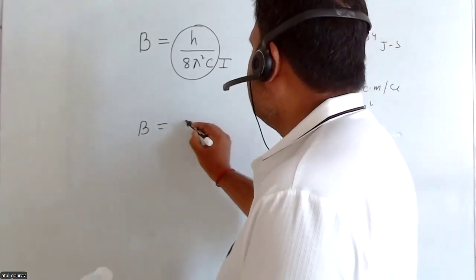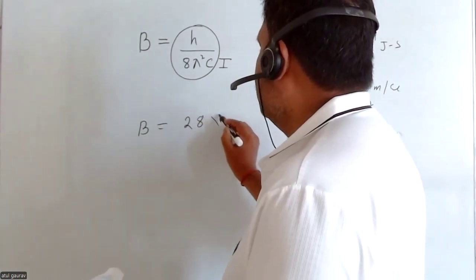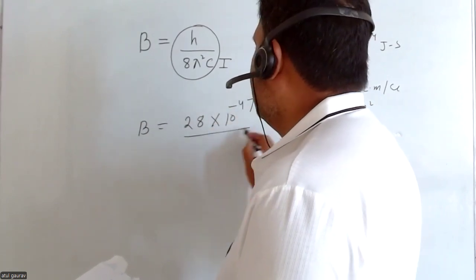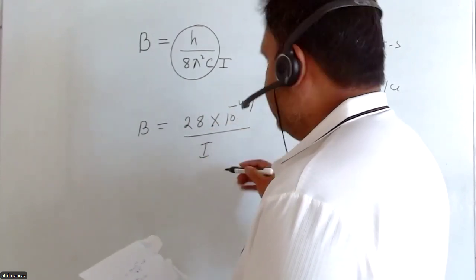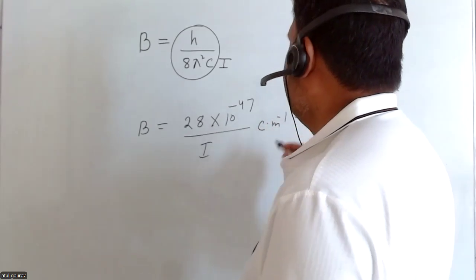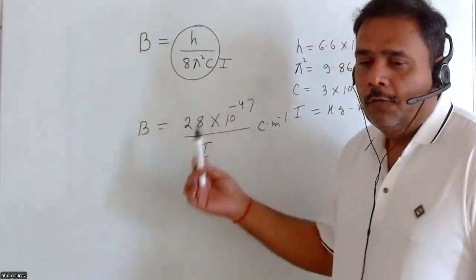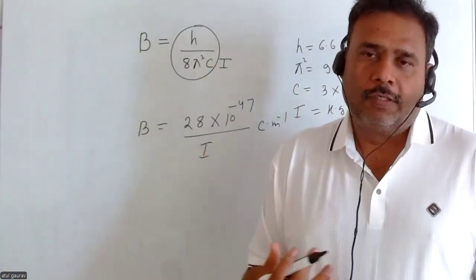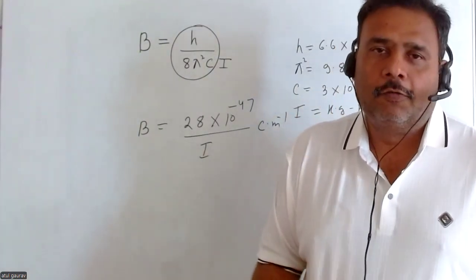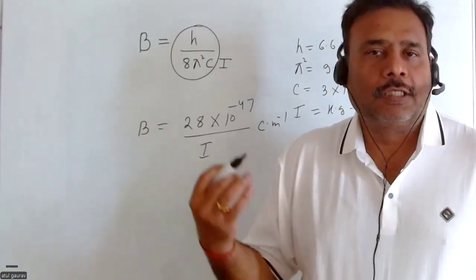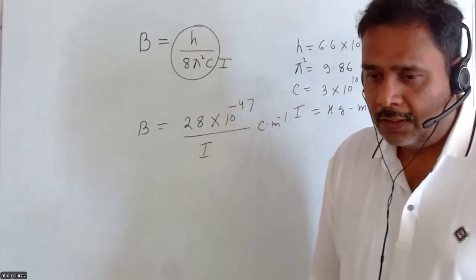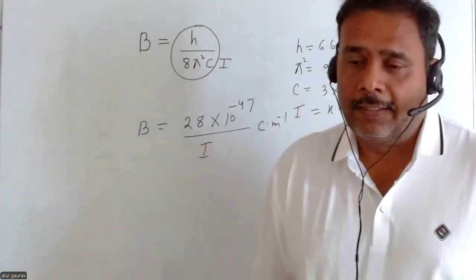This is approximately equal to 28 into 10 to the power minus 47 upon I, and this will be in centimeter inverse. So if you are going to prepare this before the examination, you can solve this type of question in just a minute, and you can save time also.